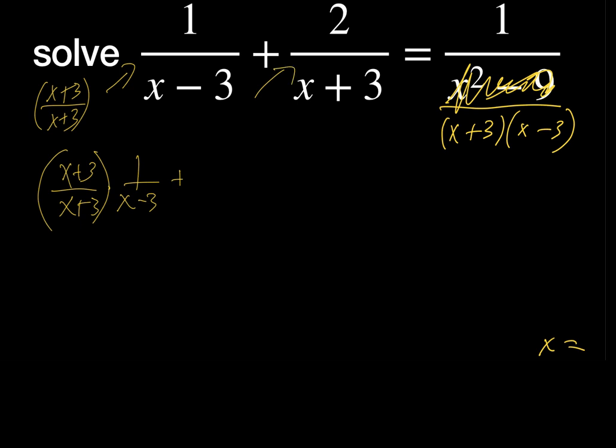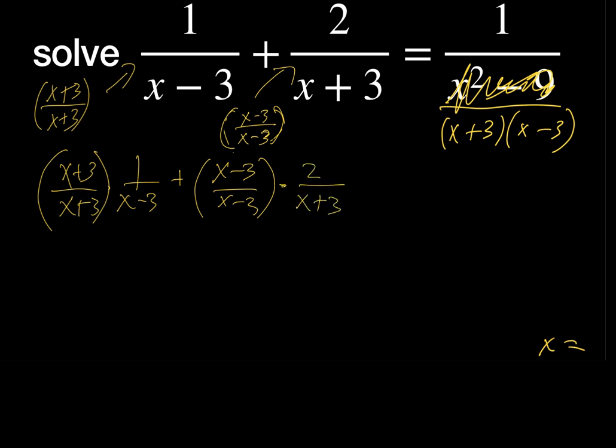This fraction has x plus 3 in the denominator, so it's also going to be multiplied by 1. But the special form of 1 is x minus 3 over x minus 3. So I'll have x minus 3 over x minus 3 times 2 over x plus 3.